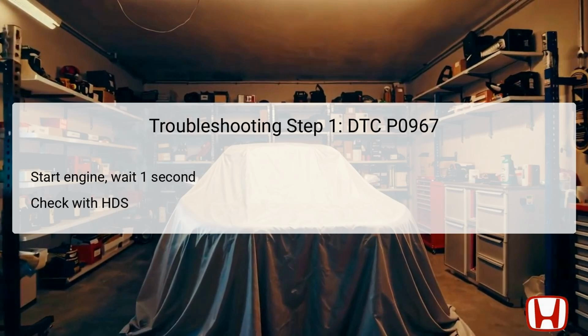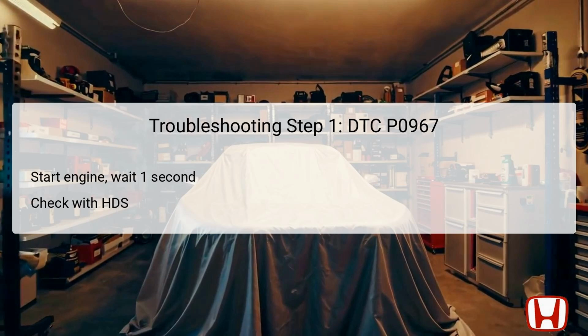This simple action enables the TCM to engage and monitor the active systems that relate to the driven pulley pressure control solenoid valve. Following this, utilizing the Honda Diagnostics System, HDS, to check for stored DTCs is essential.